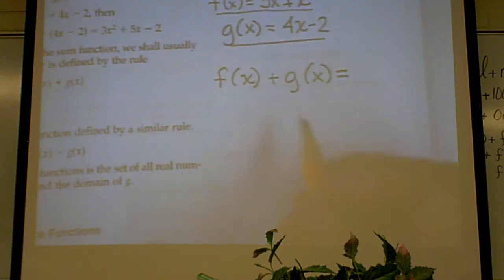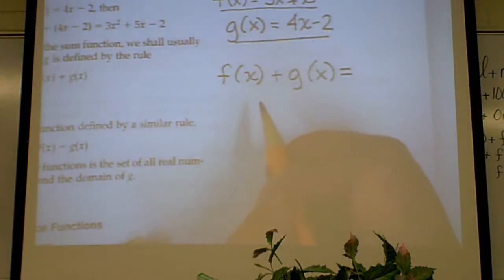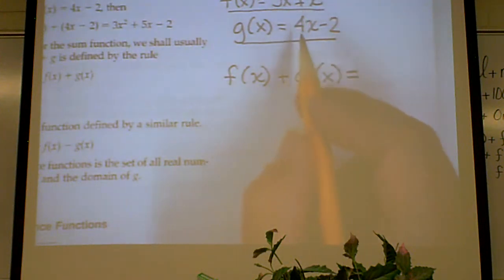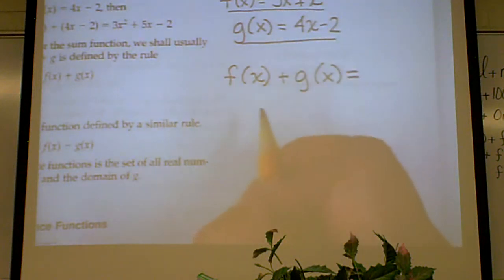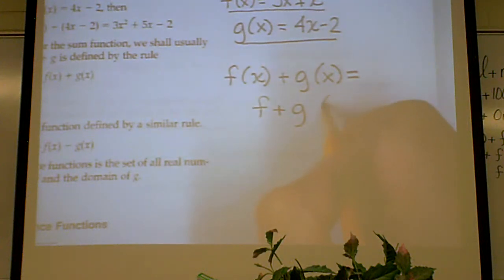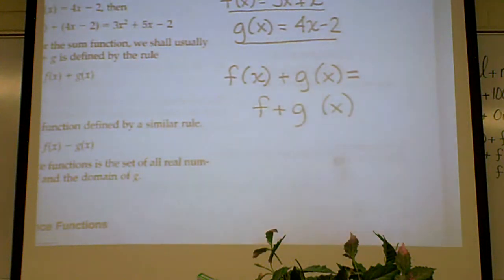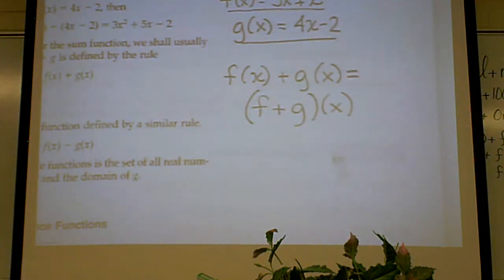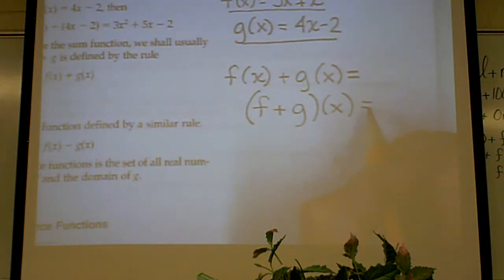Yes. All right, now, if you saw this, you should understand that they're asking you to take f of x and add g of x. There's another way you could have written this. You could do it like this. Those mean the same thing.